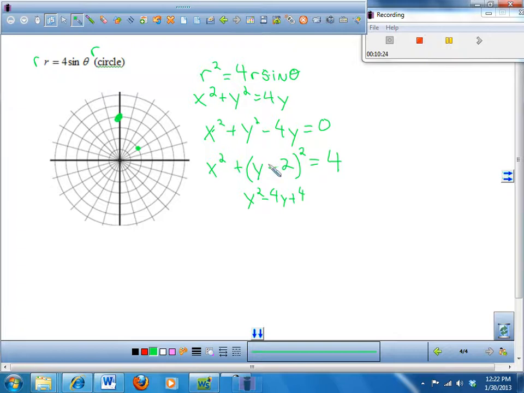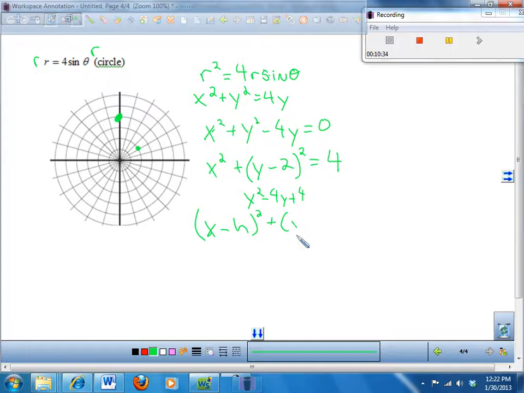And then what I get is the equation of a circle. The equation of a circle, if you remember, is (x minus h) squared plus (y minus k) squared equals r squared. So this equation is actually the equation of a circle with the center (h, k), the coordinates of the center of the circle, and r is the radius of the circle.